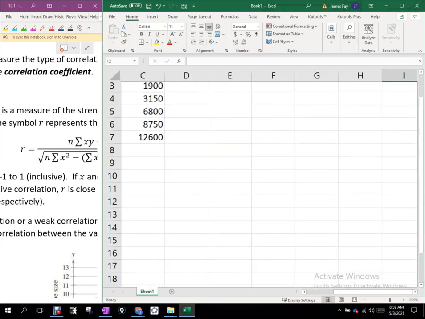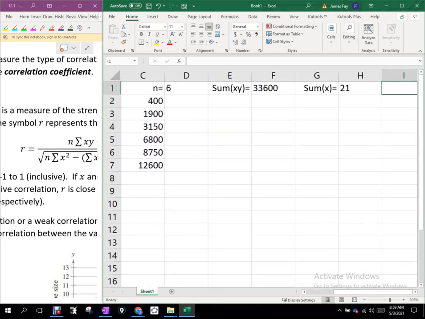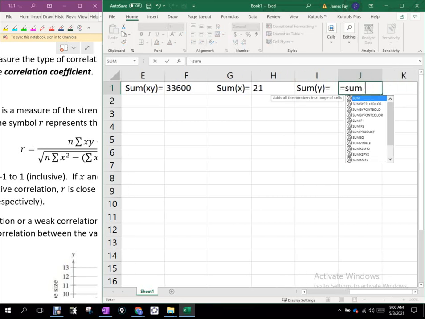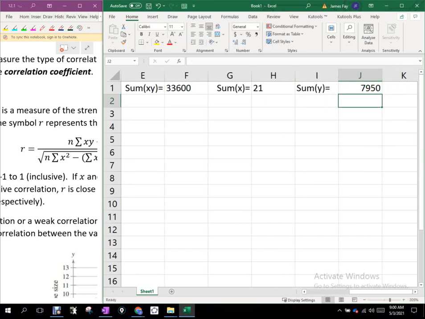I don't like that big gap between them. So we need the sum of x's. We also need a sum of y's. So sum of y's, and that was in column B. So I'll just say equals sum of B to B.